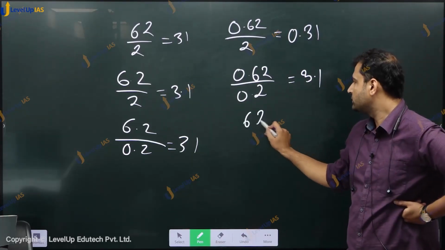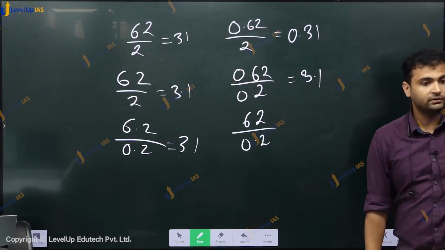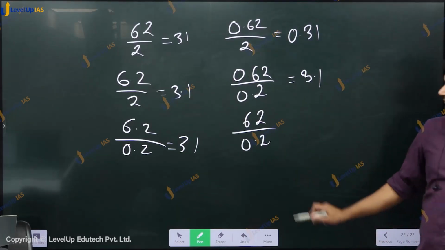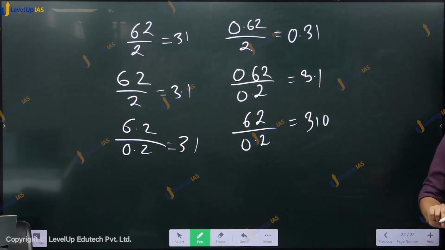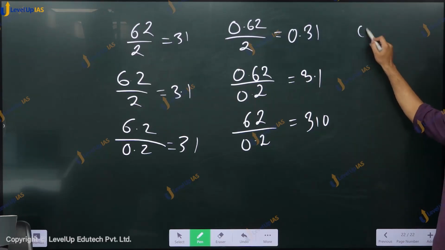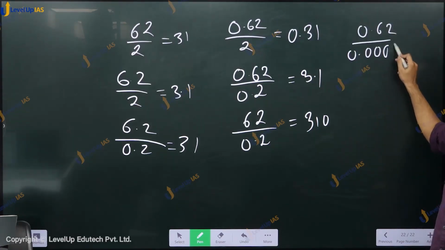What is 62 divided by 0.2? What is 0.62 divided by 0.0002?